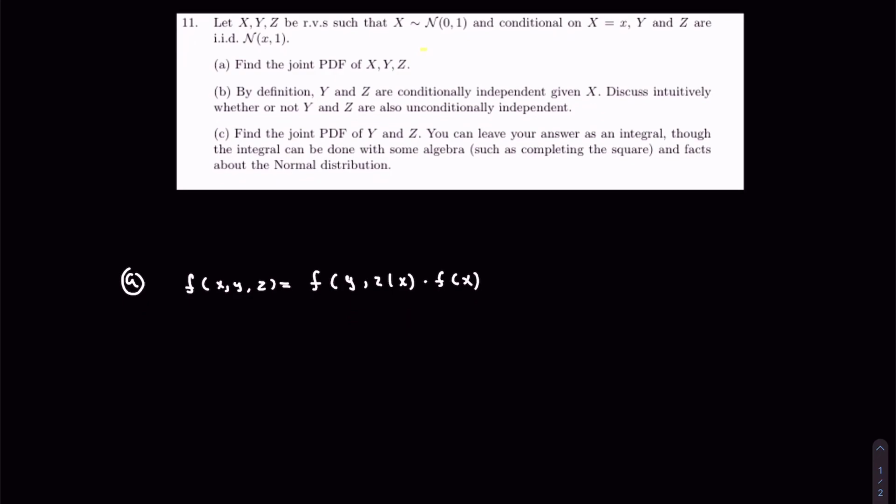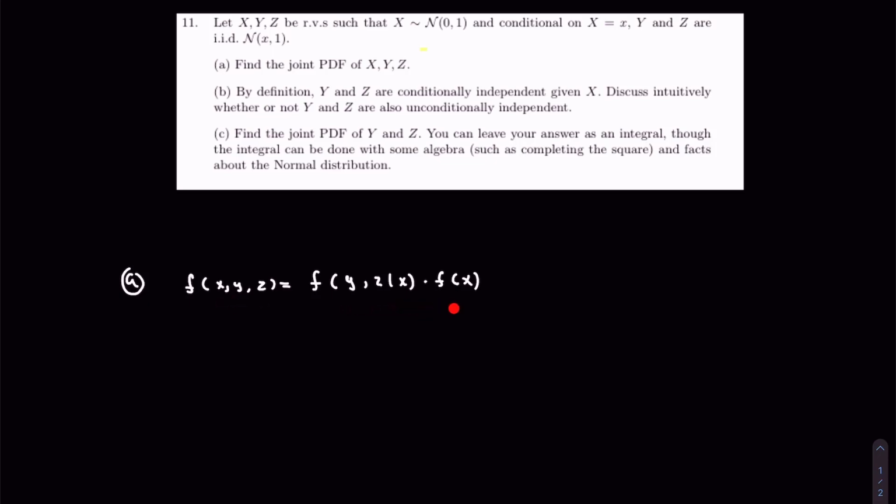So conditioning on x, so basically we have y, z conditional on x. We're doing the density, obviously. This is just rewriting by definition what we have here.